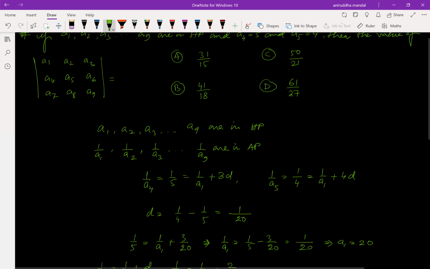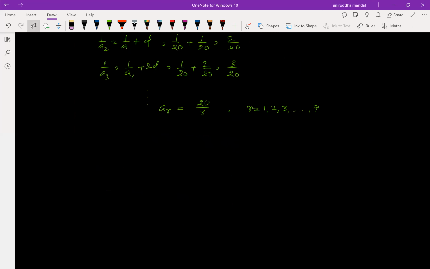Now we have to find the value of this determinant. So let's solve this determinant first. Now what we can do is simply use our properties.